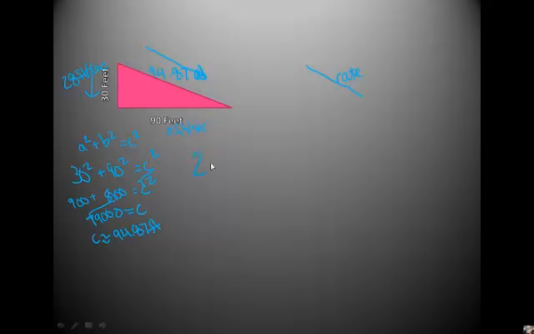So we end up with 2a dA/dt plus 2b dB/dt equals 2c dC/dt. And then we're differentiating in terms of a rate of change, so we're differentiating with respect to time.